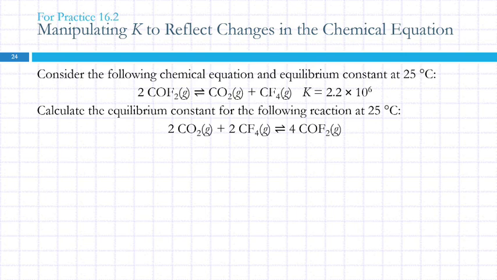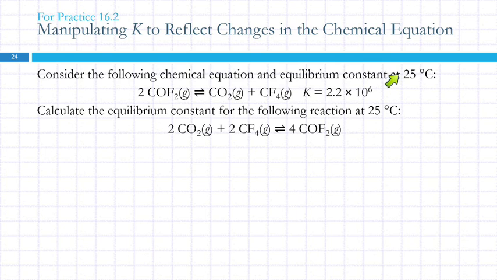So this one's a little more complicated. Here's our chemical equation, and here's the equilibrium constant, 2.2 times 10 to the 6th, at 25 degrees. Again, like with the rate constant, they're often going to give you a temperature or say at the same temperature, and that's just covering the bases, because if you change the temperature, the equilibrium constant changes.